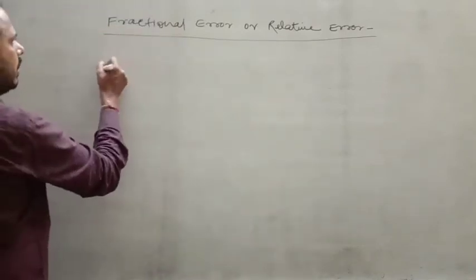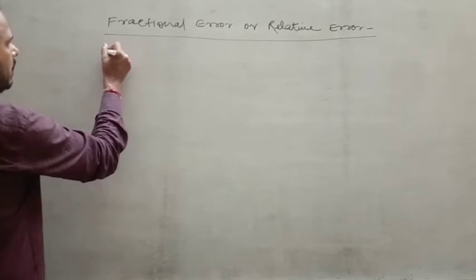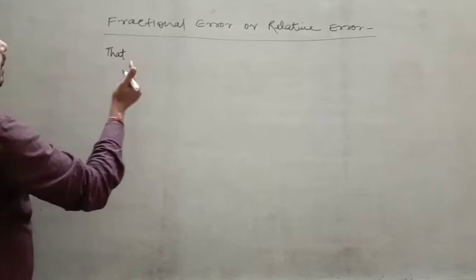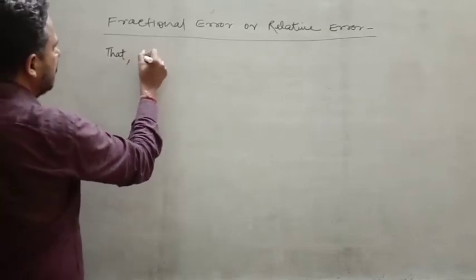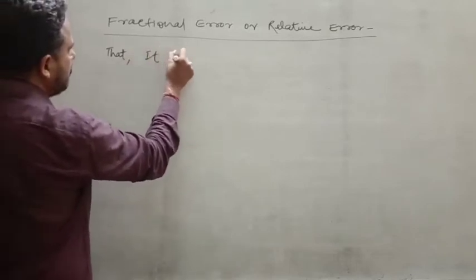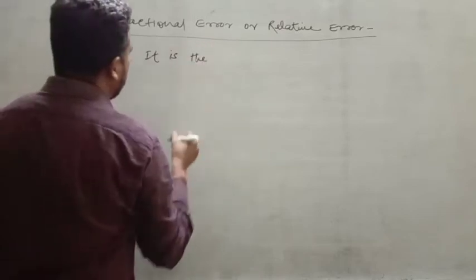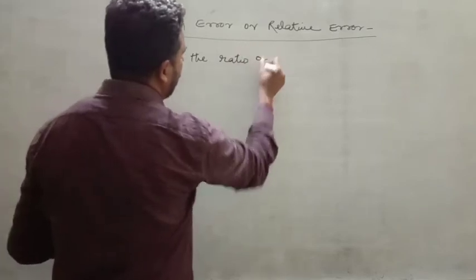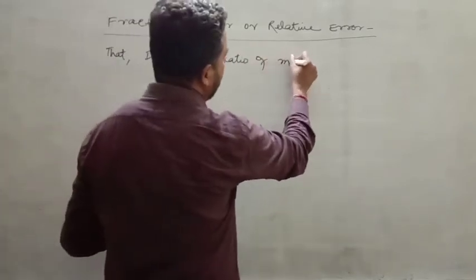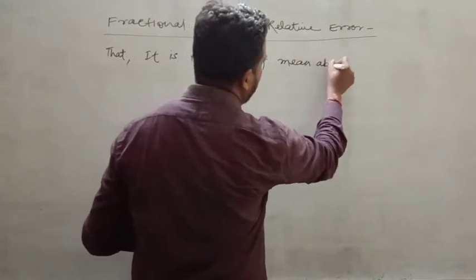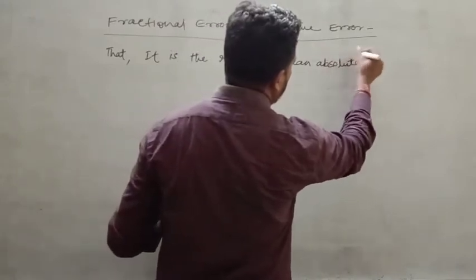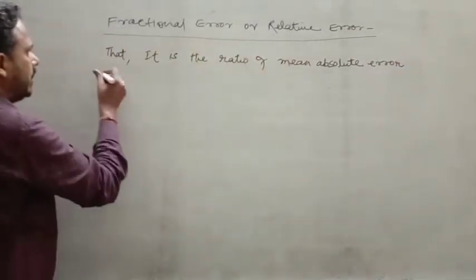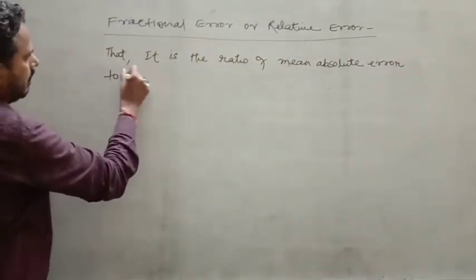So here you can write down in short that it is the ratio of mean absolute error to the mean value.